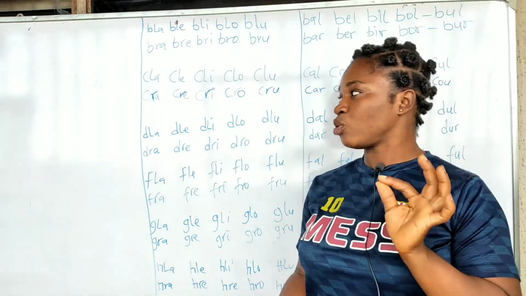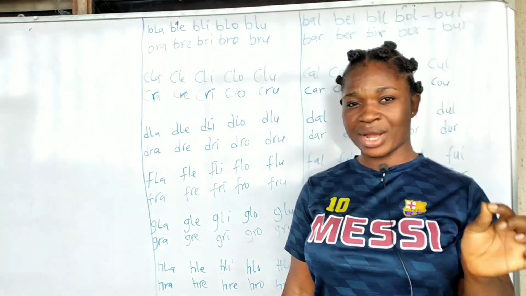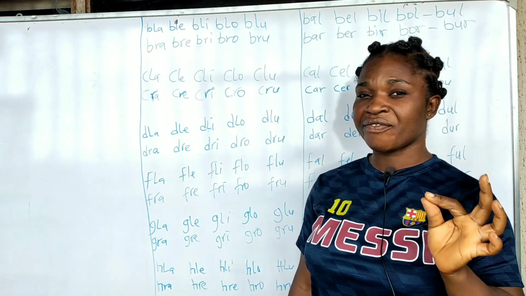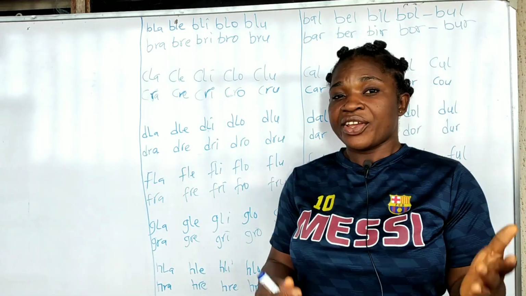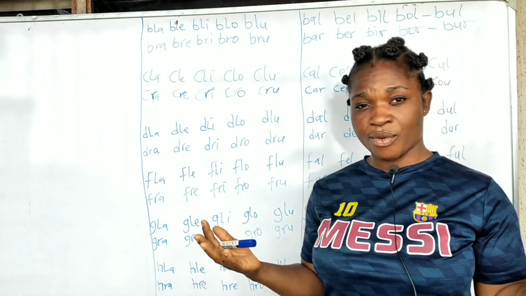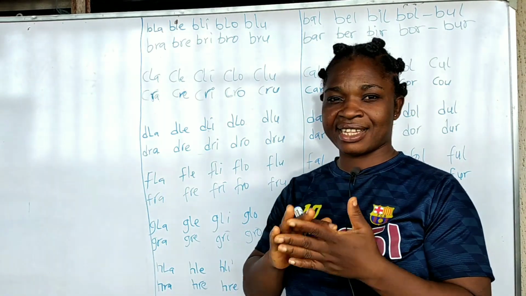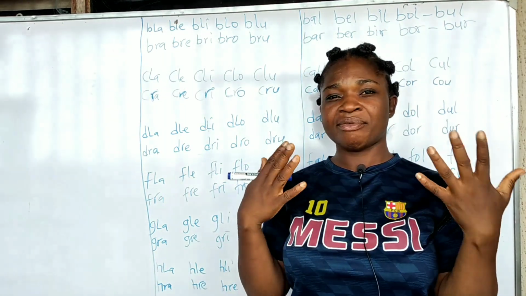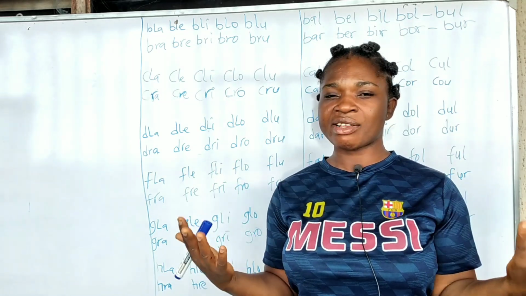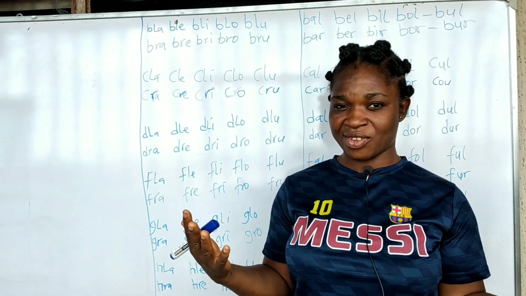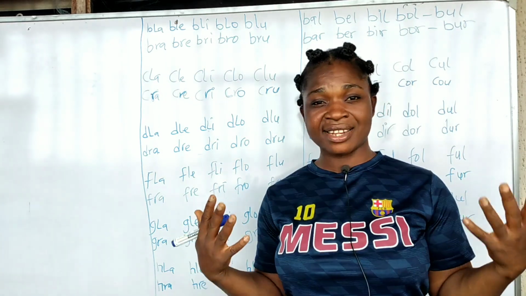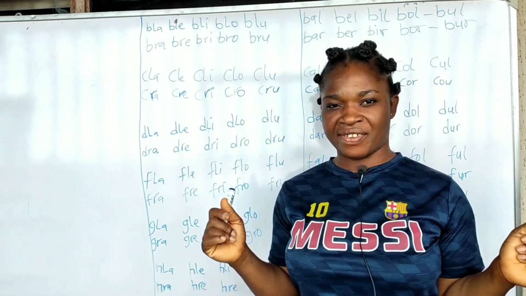Whereas those that appear at the beginning of a word are called prefix. You can definitely find them in the middle of a word or at the end of a word, it does happen, but in most cases, they begin a word. That is why we regard them as prefix, and those that end a word normally, we call them suffix.